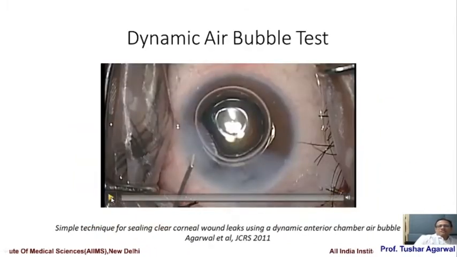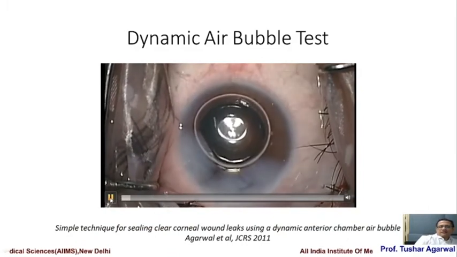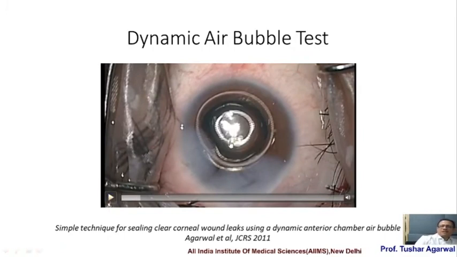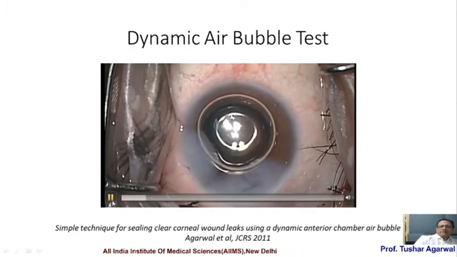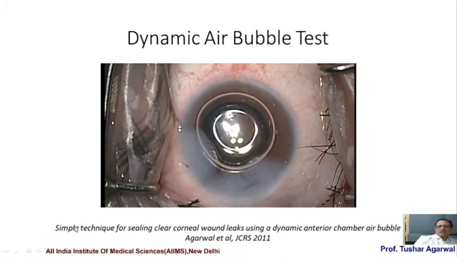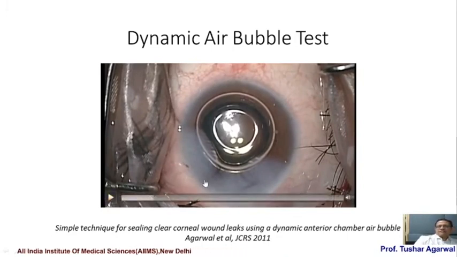You can also use this test, which I recommend: if at the end of the surgery you find that the wound is leaky or the eye is a little soft, you can inject an air bubble which is around 50 to 75% of the diameter of the cornea, and if it increases in size considerably, it means that the incision is leaky.